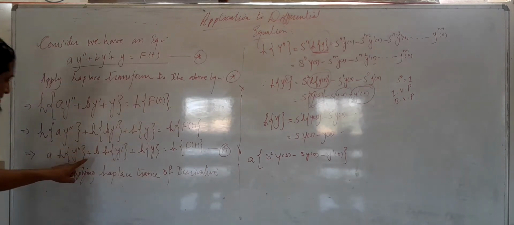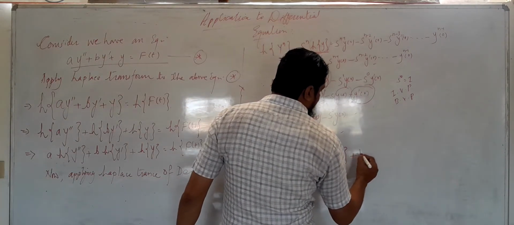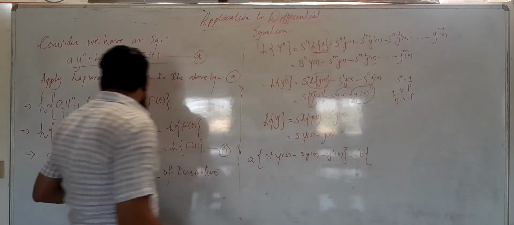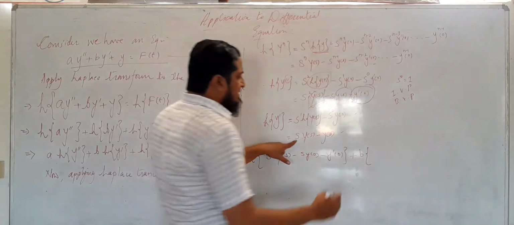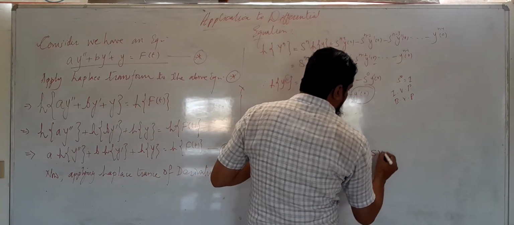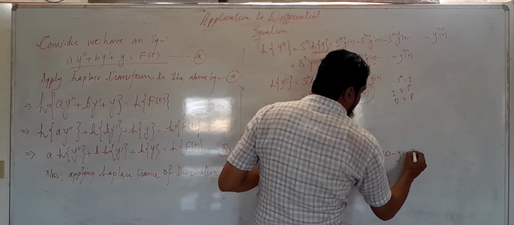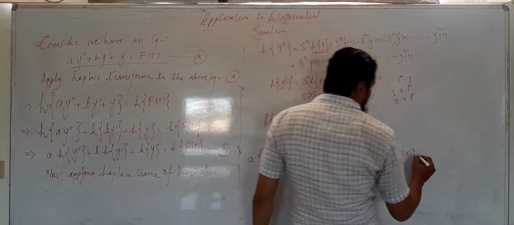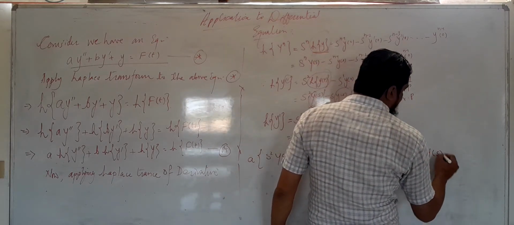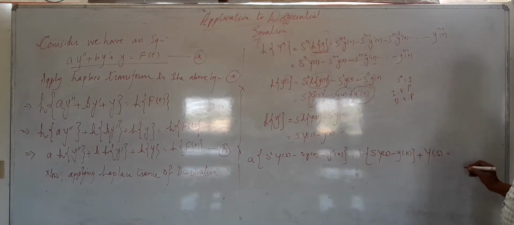Now plus b as it is, and Laplace transform of y dash, which is equal to s Y of s minus y of 0, and Laplace transform of y, which is equal to Y of s, and Laplace transform of f of t will give us capital F of s.